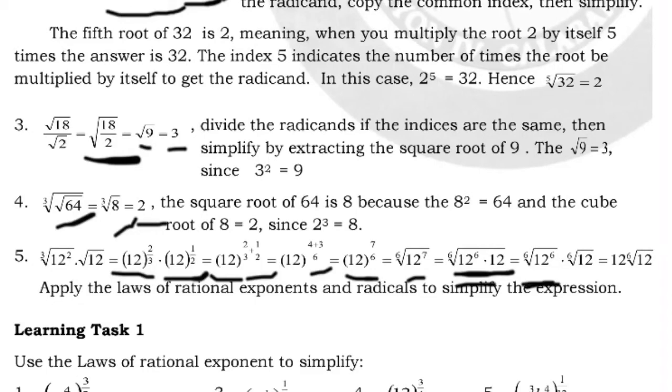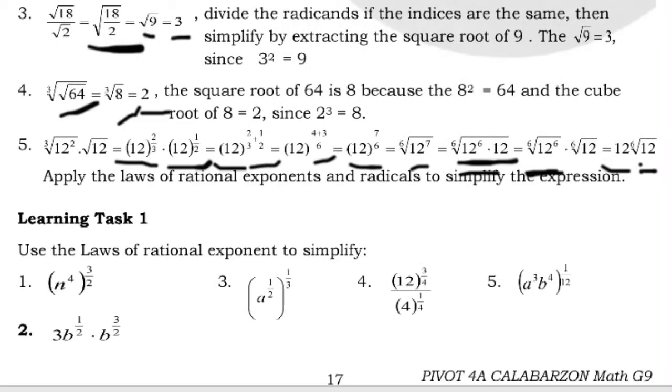Then applying law number 1 for 6th root of 12 to the power of 6, this is equal to 12. Then times 6th root of 12. So that will be our answer.